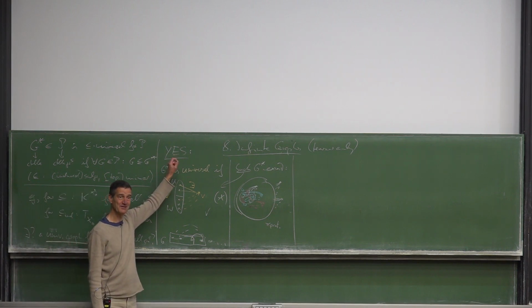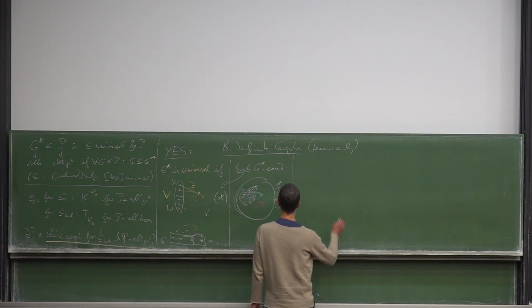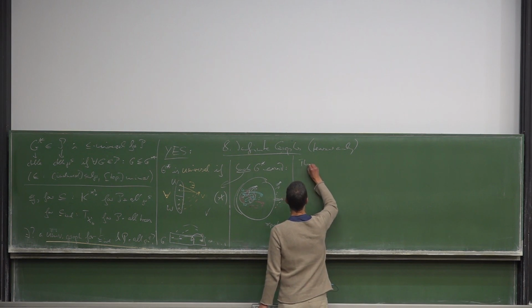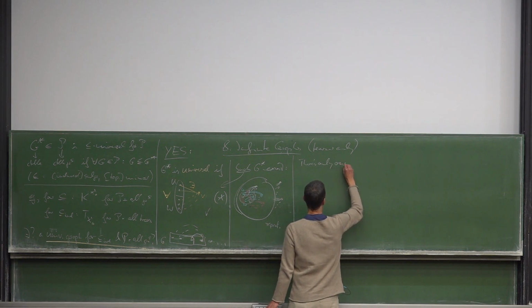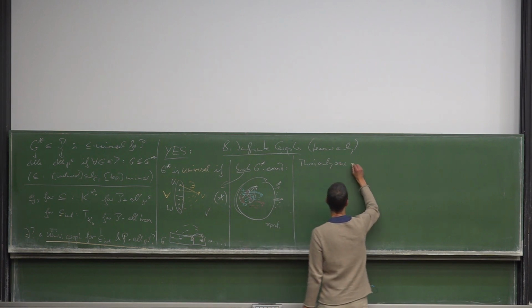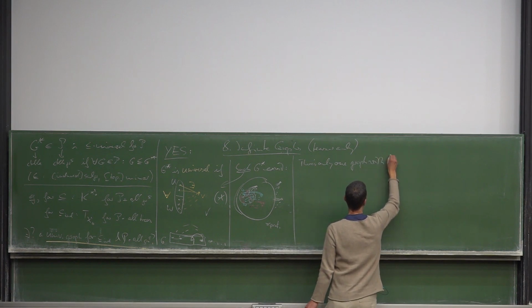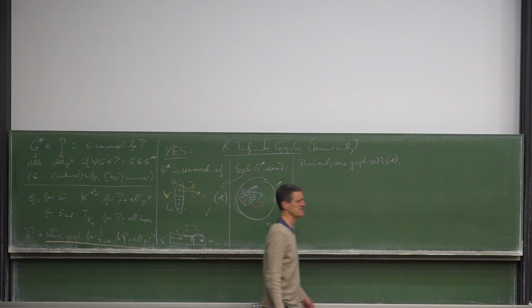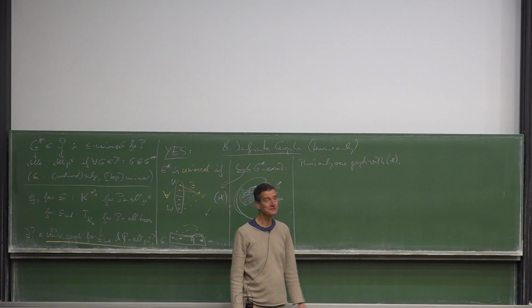And now comes a fun part. There's only one graph with this property. What does that mean? It means that any two graphs with this property are isomorphic.